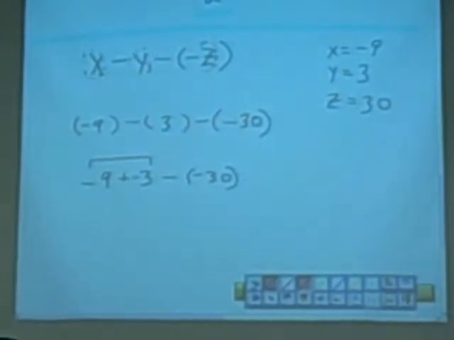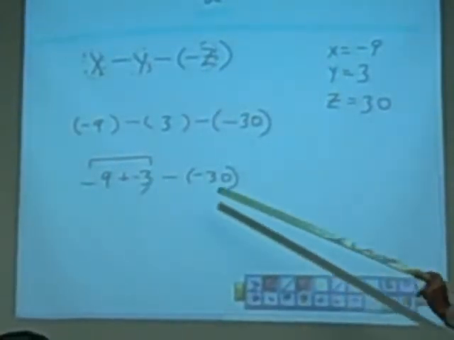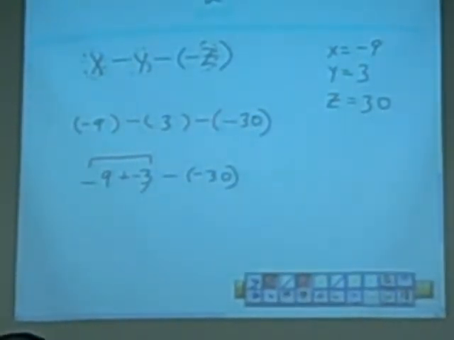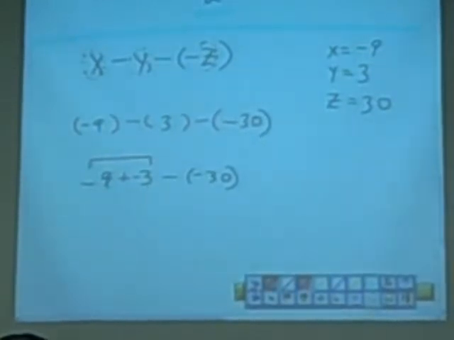Change the sign to the next number. And it's only the next number, nothing after that. Just only that number, not anything after that. Don't even look at the rest of that. So we got a negative 9 plus a negative 3, and that's going to give us a what? Negative 12. Bring down the minus, bring down the negative 30.